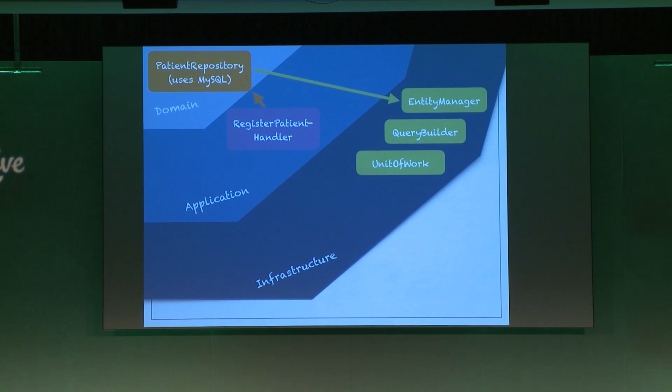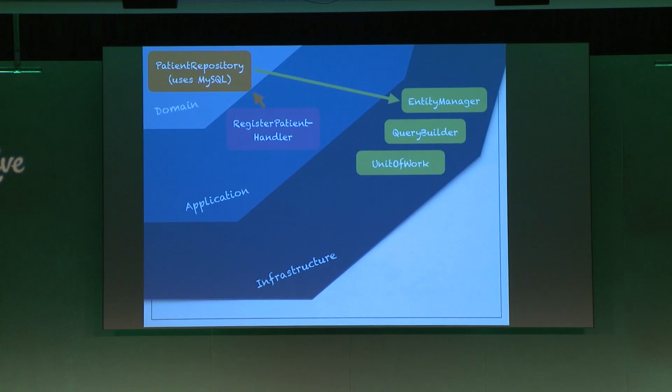So what happens is, well, the register patient handler uses the patient repository, which uses MySQL, in fact, to store data. So this is really the representation of what's actually going on. But then the patient repository, which is very much an infrastructural thing, shouldn't be in the domain model, since as we discussed earlier, the domain model is part of the core, and that is some part of your application that is completely unaware of any of its surroundings.